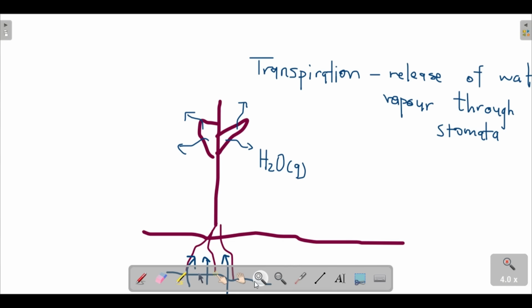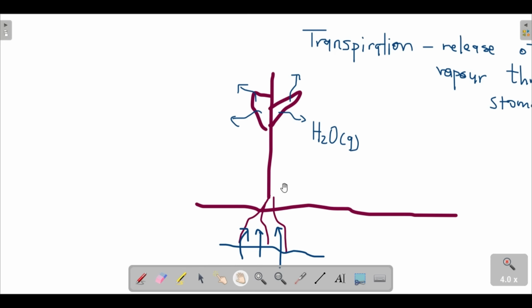Now for all this process to occur, if you're going to transform liquid water inside the plant into water vapor, you are going to have to absorb heat, you are going to have to absorb energy, right? By absorbing energy, you are actually cooling down the air.